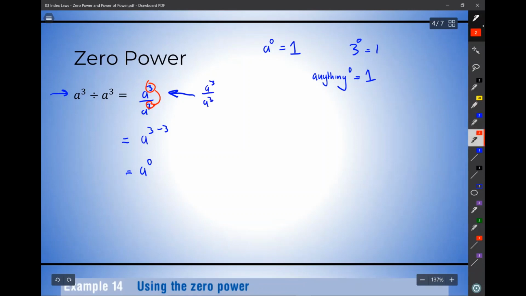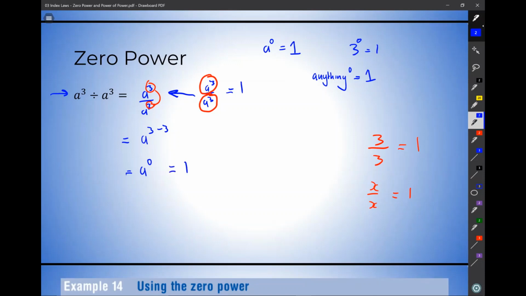We have the same thing on the top divided by the same thing on the bottom. What happens when we divide something by itself? It just equals 1, doesn't it? So in this case, this equals 1, which means this equals 1. Because these two things are the same.